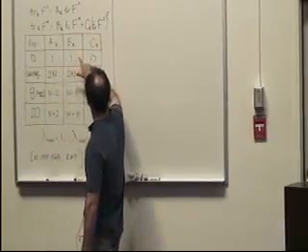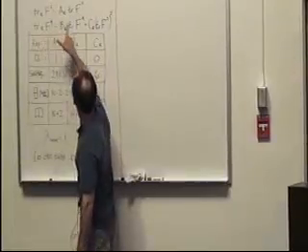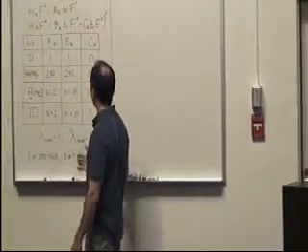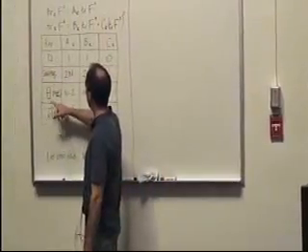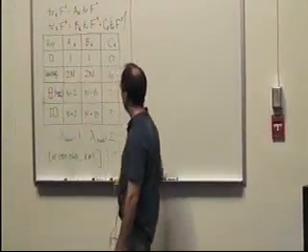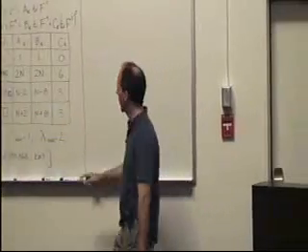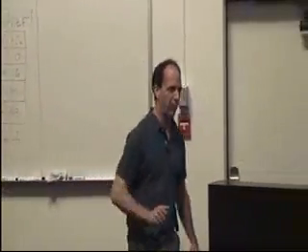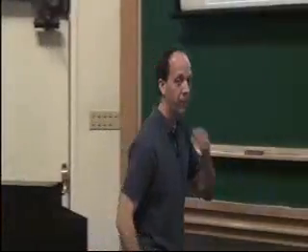B is 1. And since trace of F to the fourth is trace of F to the fourth, there's no C, so that's 0. You can do a little exercise for, say, the adjoint of SU(N) or the antisymmetric or symmetric, and you can calculate those numbers. I also put the lambda values for SU(N), which is 1, and SO(N), which is 2, there just for convenience, because we'll use them.